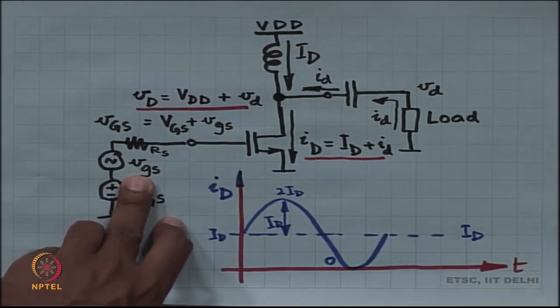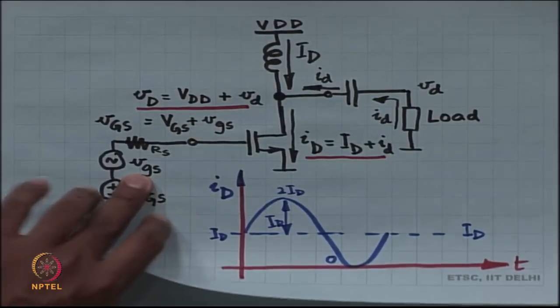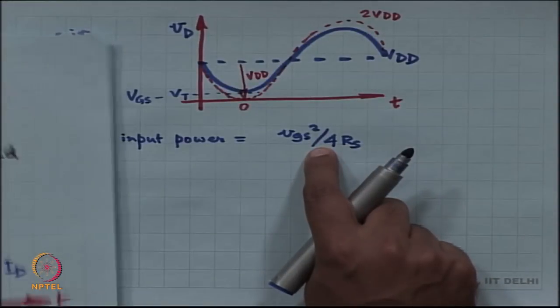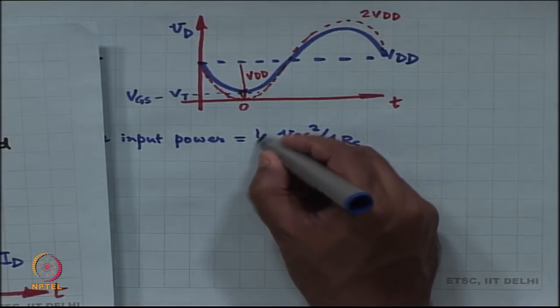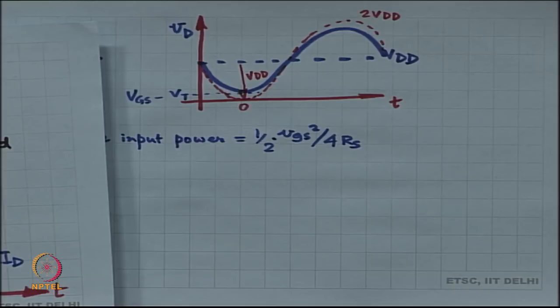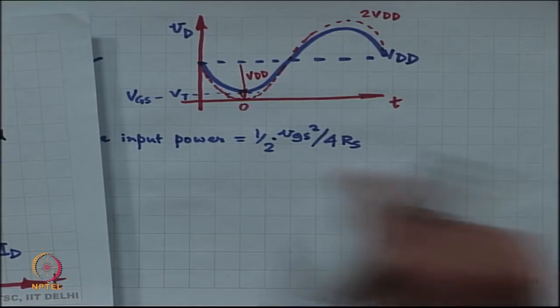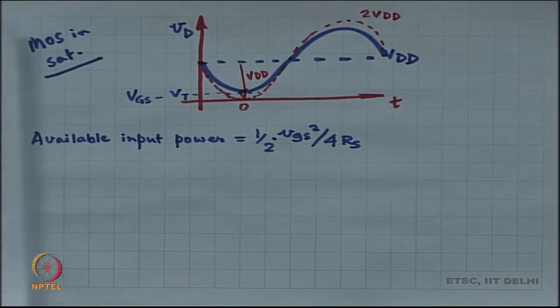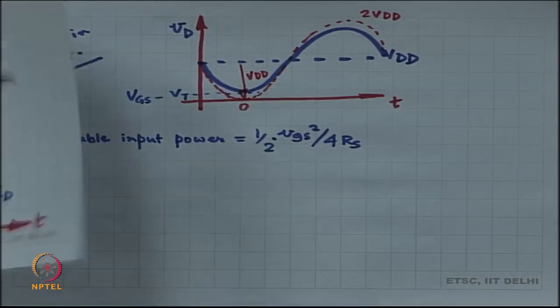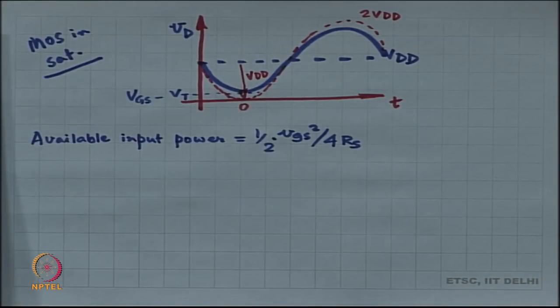This is small VGS. If you say that it is the amplitude, then it is not even 4 Rs, it becomes 8 Rs. It is a sine wave, okay, and we are not talking about that root 2 adjustment and so on. Small VGS is just the amplitude. Okay. This is fine. This is the available input power.